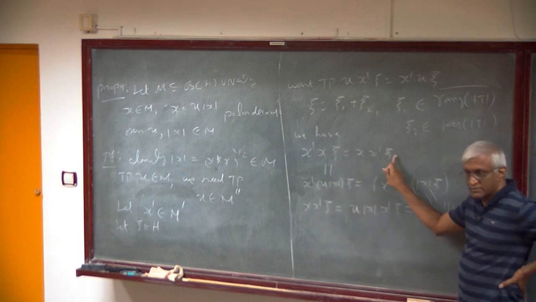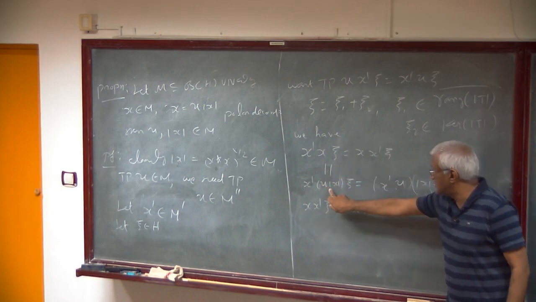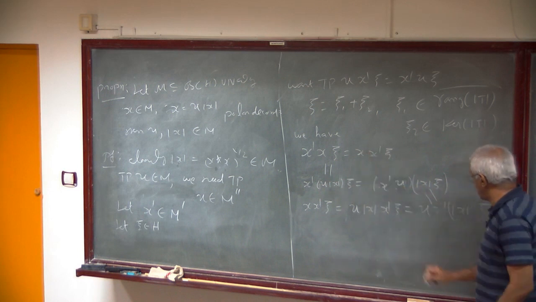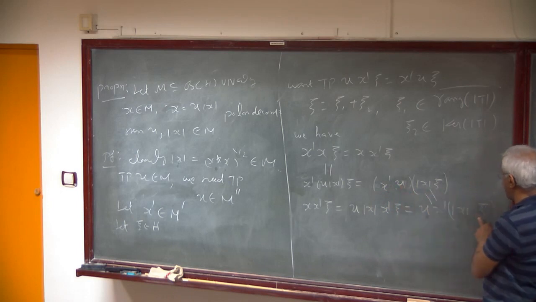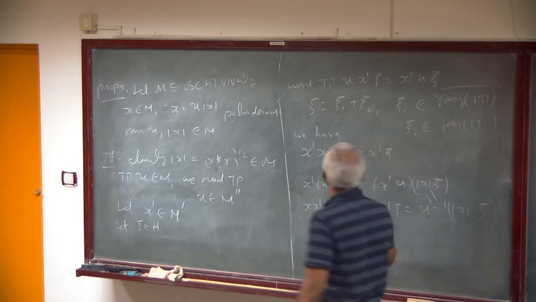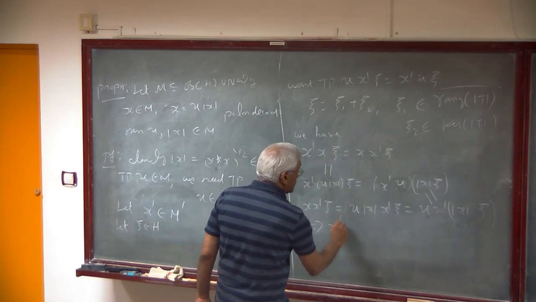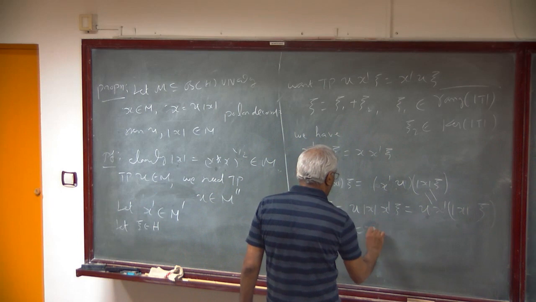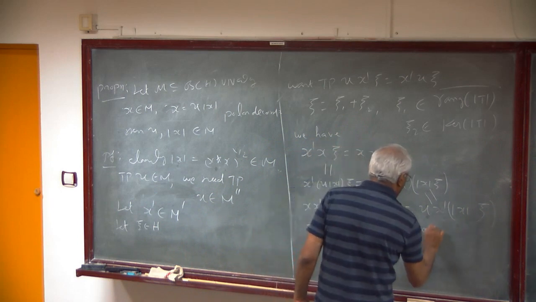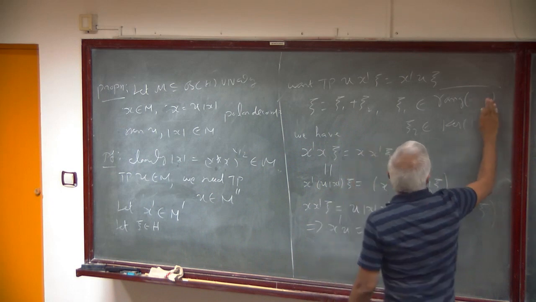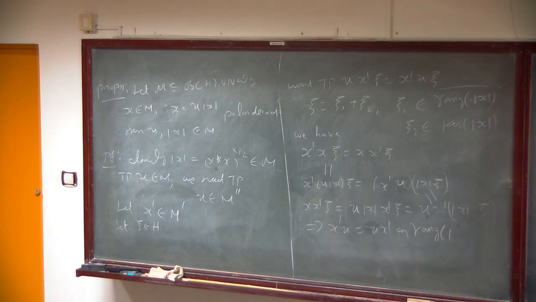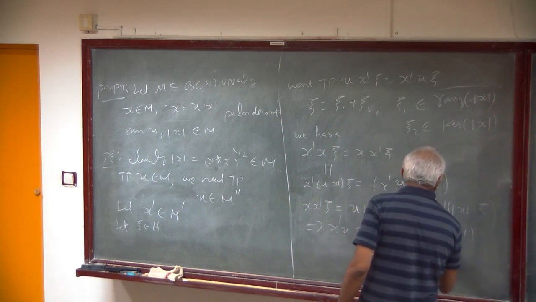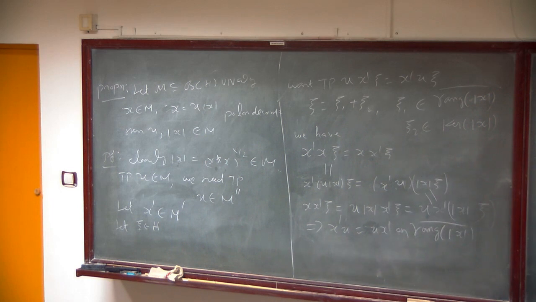I just compute this and I get this. So x prime u equals u x prime on |x| xi. This implies x prime u and u x prime agree on the range of |x|, and the relation extends to the closure.